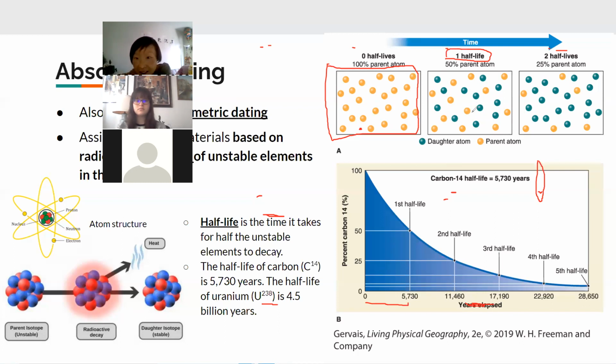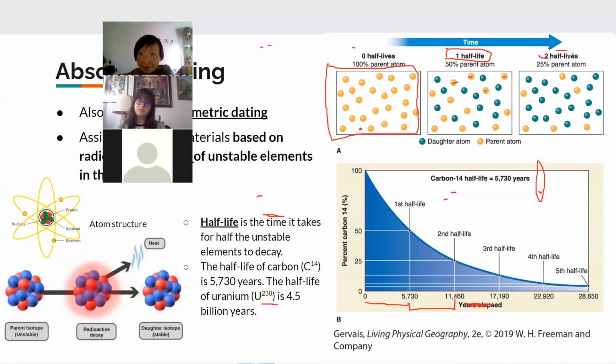You can see the blue or green bubbles and these orange bubbles, they're half and half. And then it takes another 5,730 years for the left parent to decay, half of them.